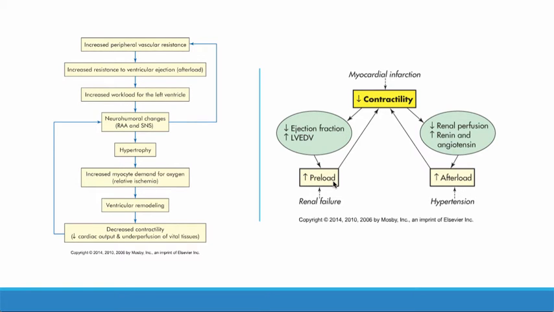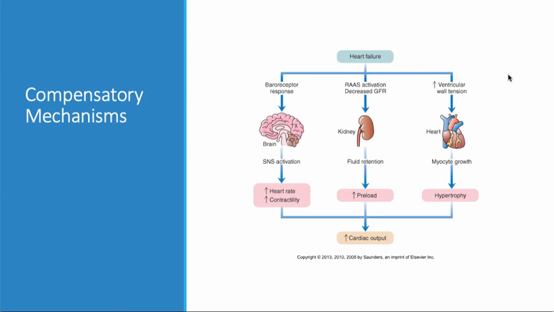That means there's increased preload, but there's also increased afterload because of the renin-angiotensin-aldosterone system, and those things both contribute to the contractility problem. So hypertension and renal failure play roles here as well, but myocardial infarction is the central player in this system.